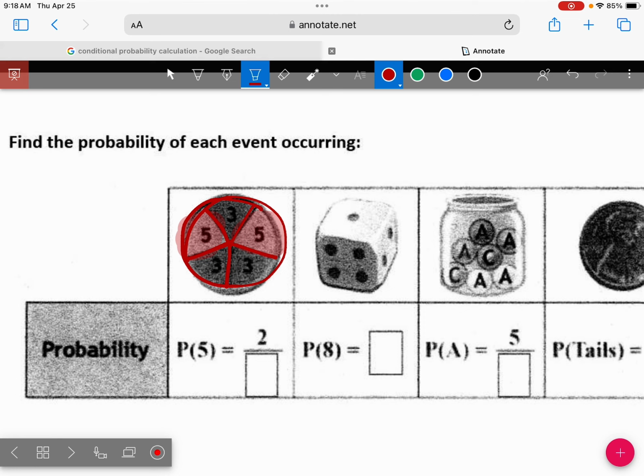The probability that it landed on a 5 would be 2 over what? 5. Who had that? What's the probability that you roll a die and it lands on an 8? 0. That's impossible. We call that an impossible event because a die only goes up to the number 6.